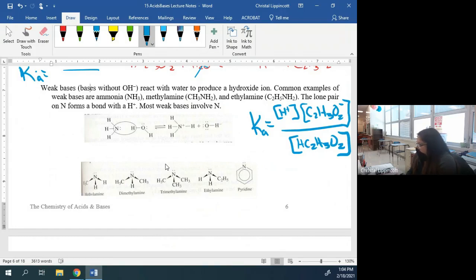It's going to make ammonium ion, which gives it a positive charge. And then it leaves behind, from this water, the OH ion. And so this OH ion is what we calculate to determine the strength of the base.